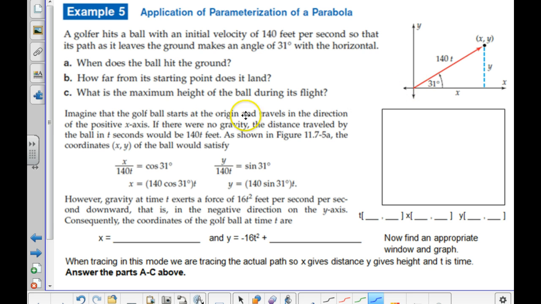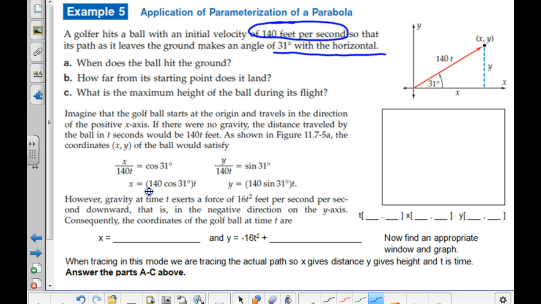The issue here, guys: imagine this is a golf ball, hit with an initial velocity of 140 feet per second. The path it leaves makes a 31-degree angle with the horizontal line. Imagine the golf ball starts at the origin and travels in the direction of the positive x-axis. If there is no gravity, the distance it traveled would be a function of x and y.